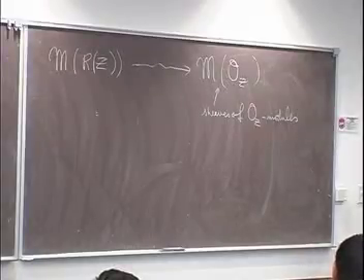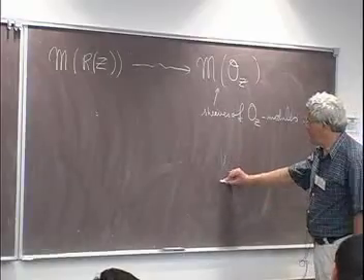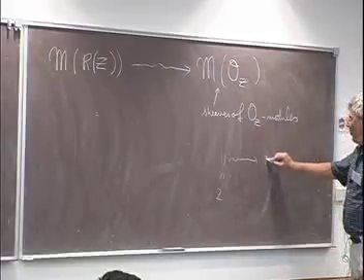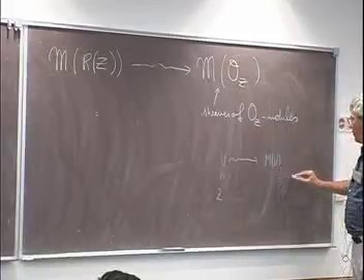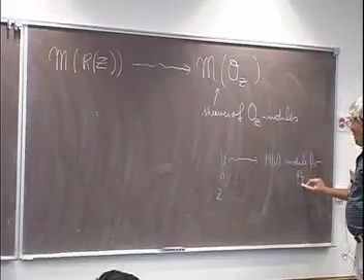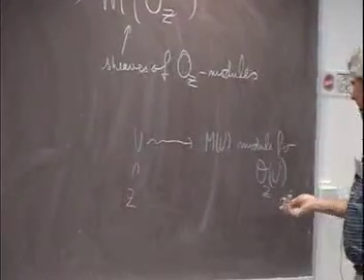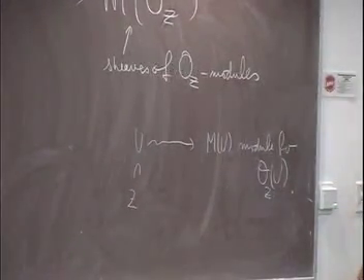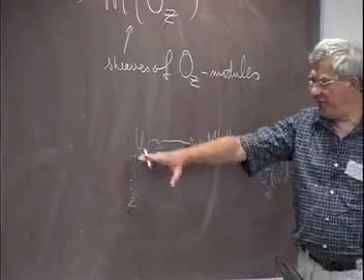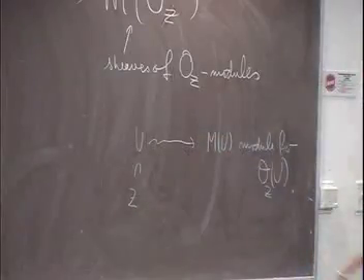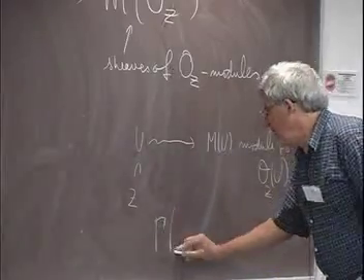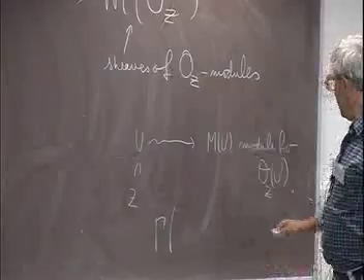And what are these sheaves of O of Z modules? For any open set U in Z, we attach a module M of U over O of U, the regular functions on this open set U. This assignment in particular gives us something for the open set U equal to Z. This is M of Z, the so-called global sections of the sheaf M.